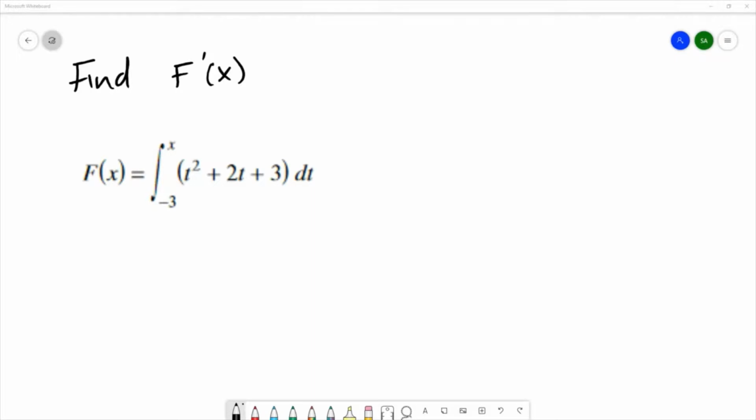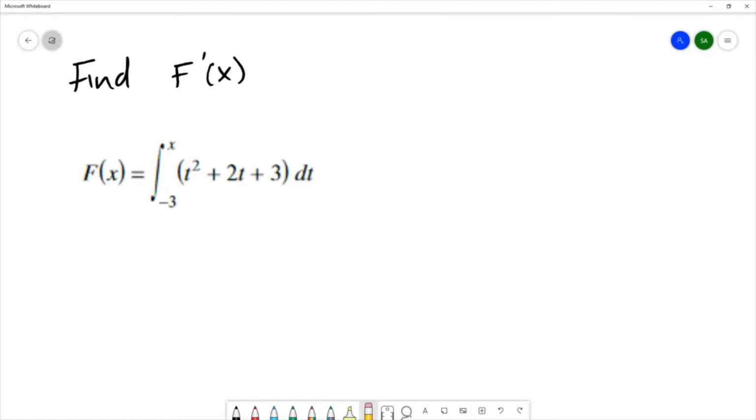Okay, so on this example, we want to find f prime of x, and f of x is given to us to be a definite integral from -3 to x of t squared plus 2t plus 3 dt.